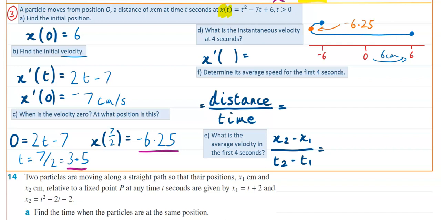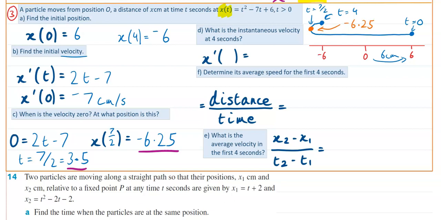We need to find out what its finishing point is, and that is after 4 seconds, so you're going to see that in our question F, but if I subbed 4 into this original equation, I'd get the answer negative 6. So this is occurring when t is 4, this is at t equals 0, and this is when t is 7 over 2 or 3.5.